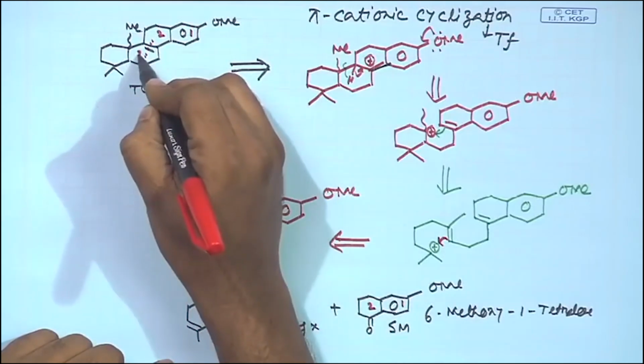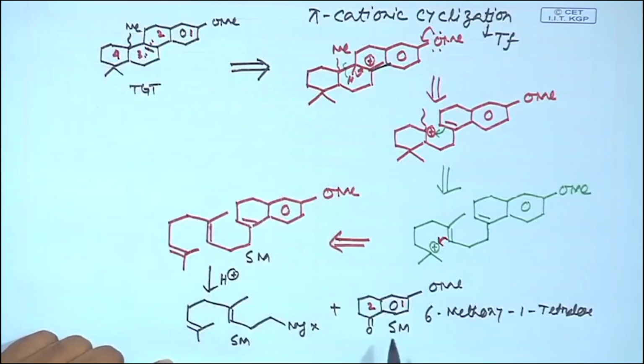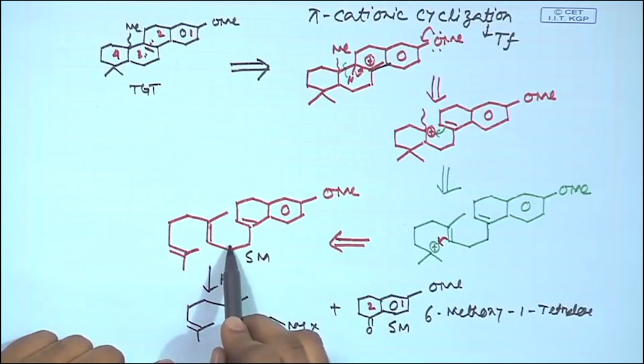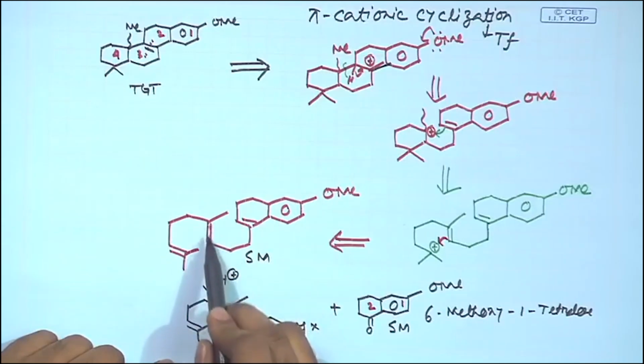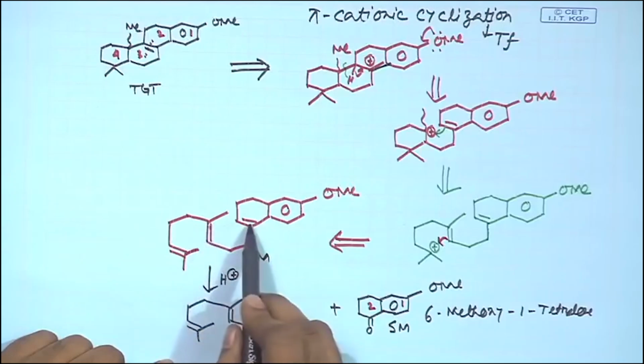Now, ring 3 and ring 4 will be formed during our pi cationic cyclization. So, first take the starting material, react with this Grignard and do the elimination, will basically come to this part. Okay. Now, you have 3 pi bonds.